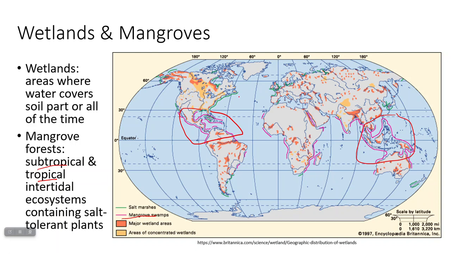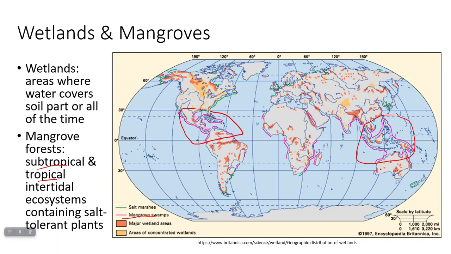have river systems, sometimes lake systems, and these are areas that are going to be kind of waterlogged. So your soil is going to be covered part or all of the time with water. Some other names for wetlands are marsh, swamp, bog, fen.